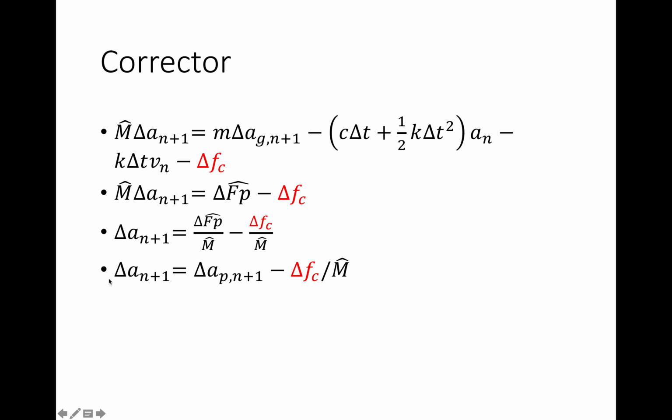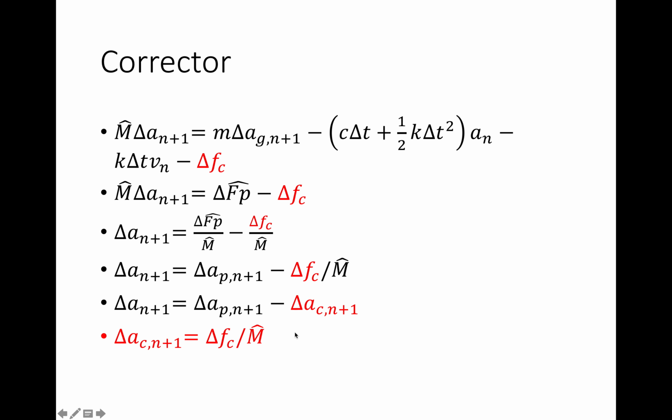So the real force after the real acceleration incremental is the predicted acceleration incremental minus the corrections. So we can easily calculate the real delta An plus 1 from the predicted delta An plus 1 minus the correction delta An plus 1. Using the correction, we can calculate it as delta Fc divided by m hat. The m hat we don't need to calculate again because every step will be the same.